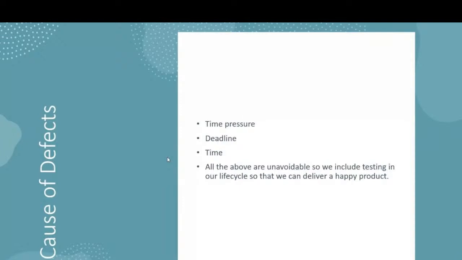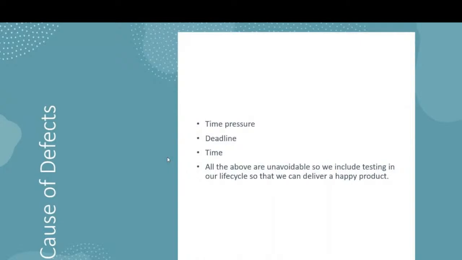So in a hurry, he puts everything together and delivers the product, without checking anything. He just wants the product to be delivered. That will be the mindset of the developer with a lot of time pressure, and that might result in a defect.